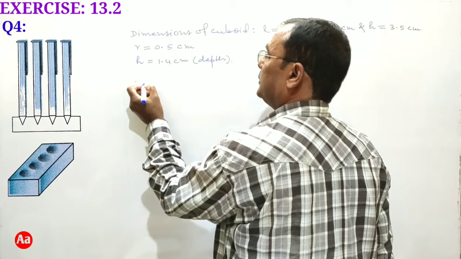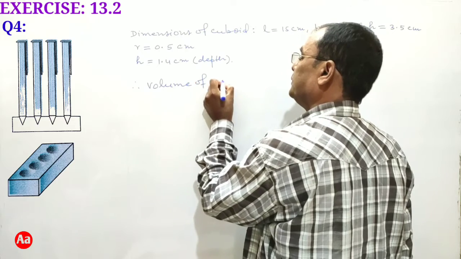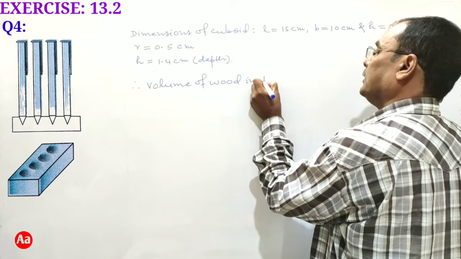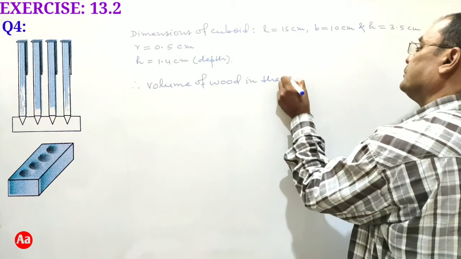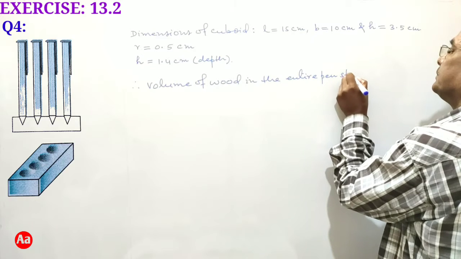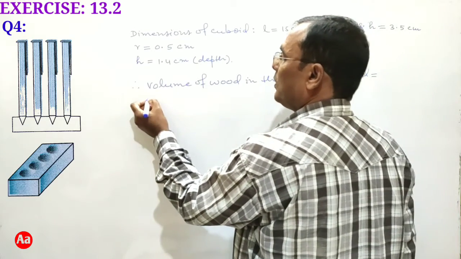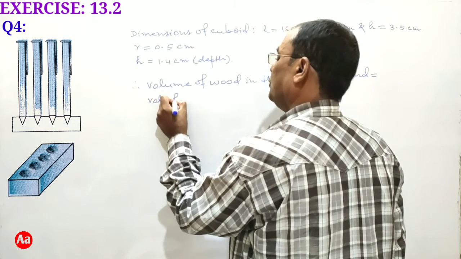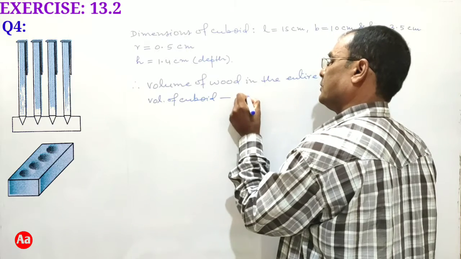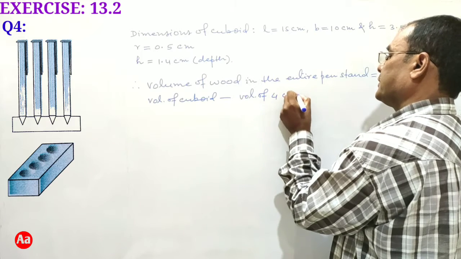So volume of wood in the entire pen stand is equal to volume of cuboid minus volume of 4 conical depressions.